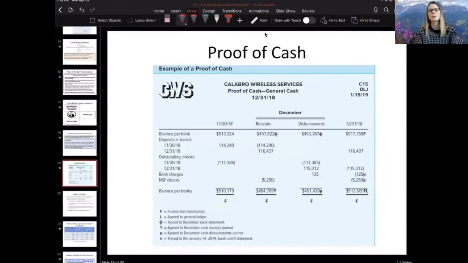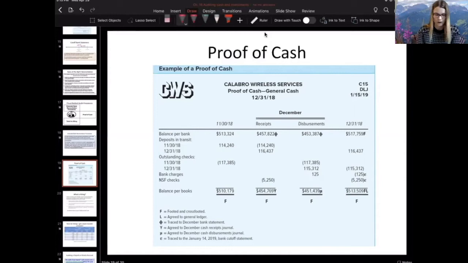Okay, a proof of cash is another type of procedure we might use to catch fraud. This schedule shows a proof of cash, and basically what it shows is activity that's happening within the month, okay? Receipt and disbursement activity within the month.